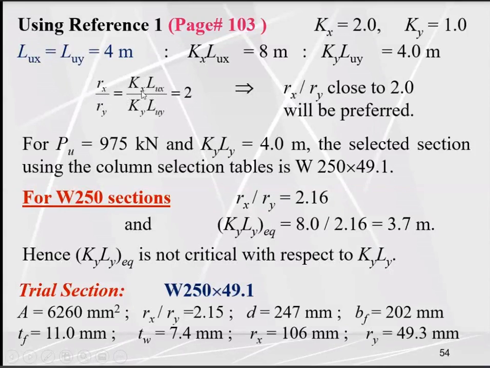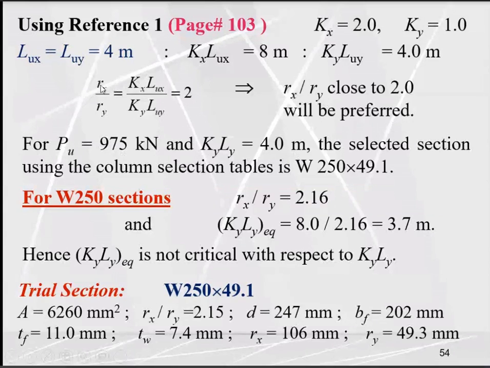If you divide the effective length about the x-axis by that about the y-axis, you will have the value 2. So preferably we must select a section which has an Rx over Ry ratio of approximately 2. That will be the most economical solution. So Pu value is 975 and KyLy value is 4.